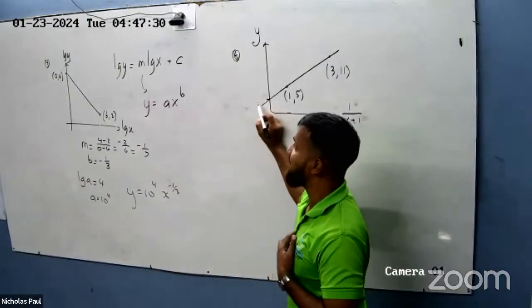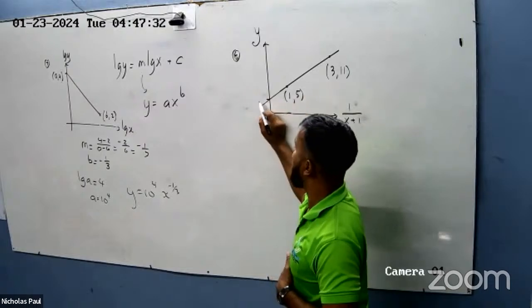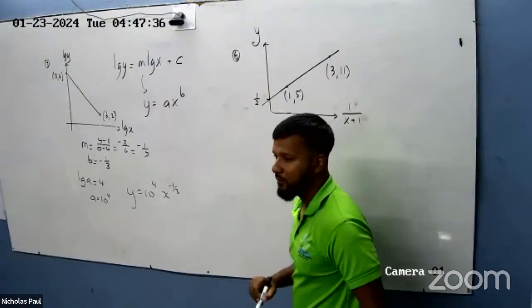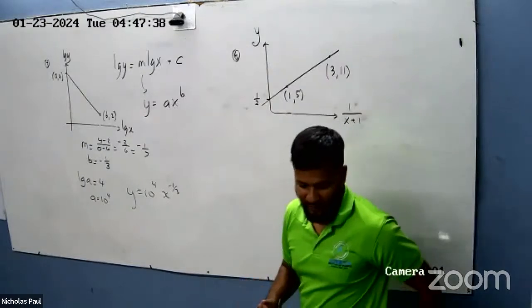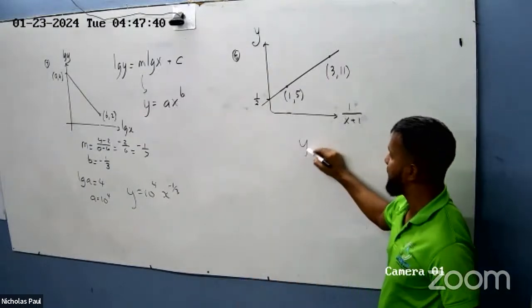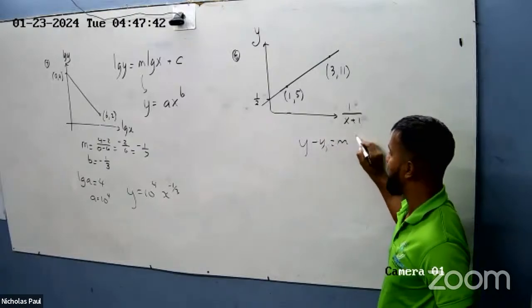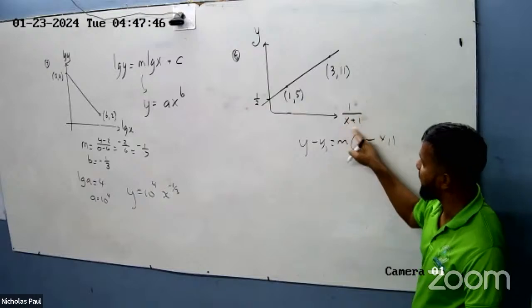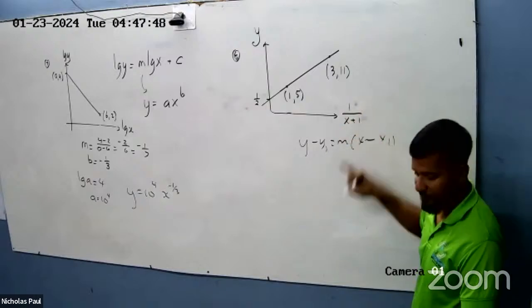All right, so I'll give you a little help here. Let's consider this to be a half. I don't want you all to use y minus y1, because x is not that. X is this.